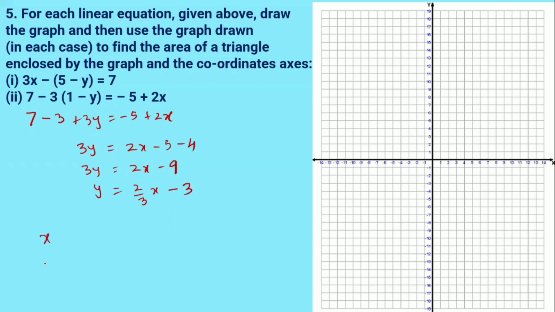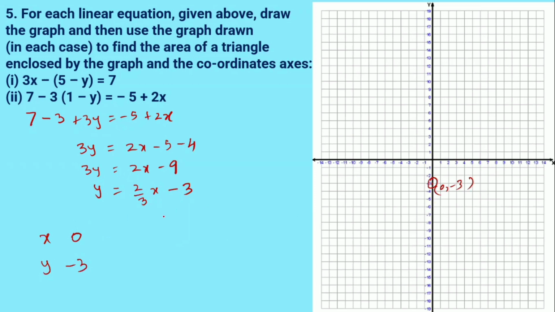So creating a table of x and y, if you take x is equal to 0, you get y is equal to minus 3. So let us take this point, 0 comma minus 3. Now let us take another point.